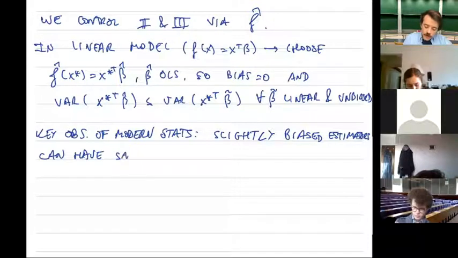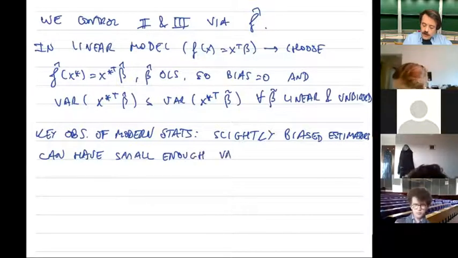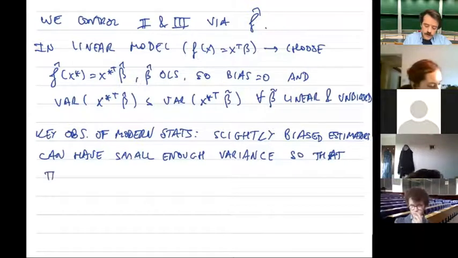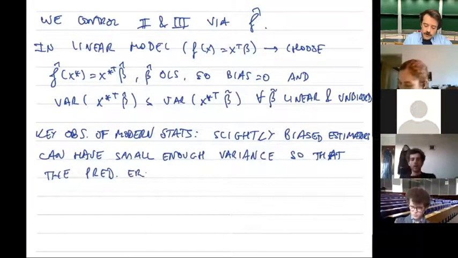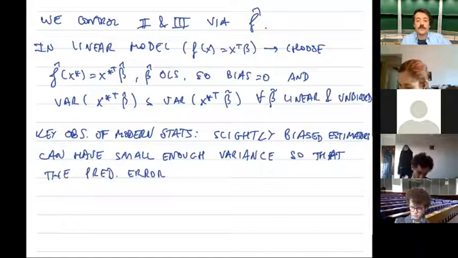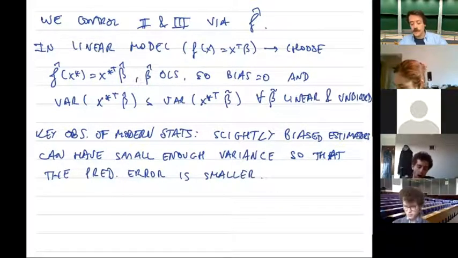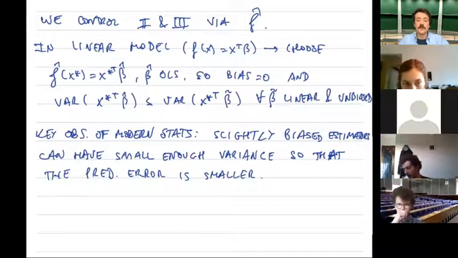I mean, they can have small enough variance in such a way that the prediction error is smaller. Okay, so we can bias them a bit, and actually we get smaller variance. So you must have seen this in Principles of Statistics if you took that course last year.